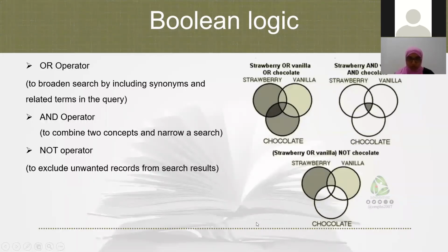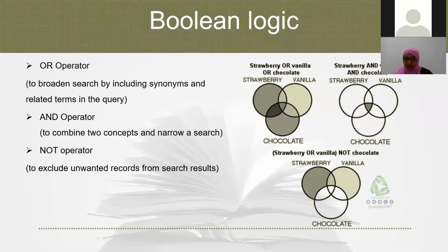And to make it more clear about the Boolean logic, I'll show you this here. So here you can see in the first figure, if we are searching strawberry OR vanilla OR chocolate, I need either one of them. If you see the highlight, all three would be captured in your search because you want either one of them.